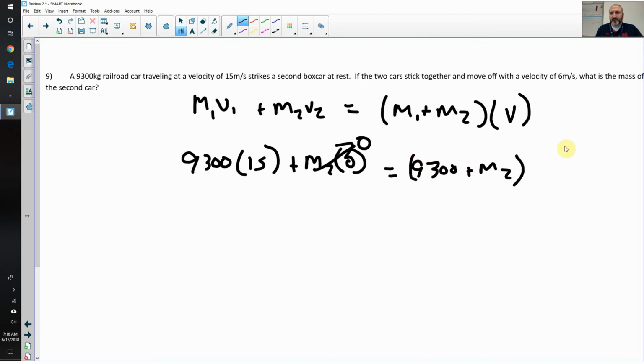How fast are they going after? 6. So 9,300 times 15, it's going to be a big number, 139,500, equals 6 times 9,300, 55,800 plus 6 times M2. All I did was distribute the 6 over these two things, so now all I have is one variable, that's M2, that I'm solving for.